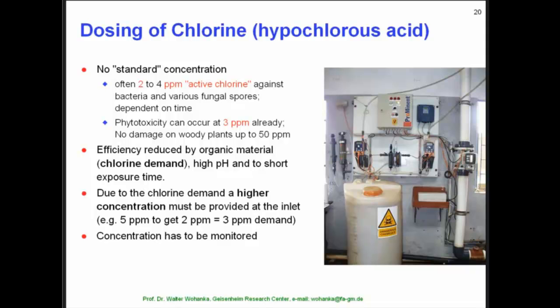For example, 5 ppm at the inlet to get 2 ppm at the outlet, which equals, of course, a chlorine demand of 3 ppm. For this reason, the chlorine concentration at the outlet, the point of action, should be monitored because the chlorine demand may vary dependent on the water quality.